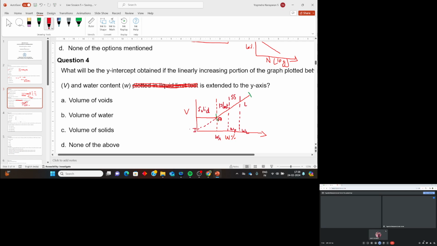What is this volume known as? Volume of solids. Yes, if you dry completely, the volume remaining at 0% water content is only the volume of solids. And what will be this one? This portion.